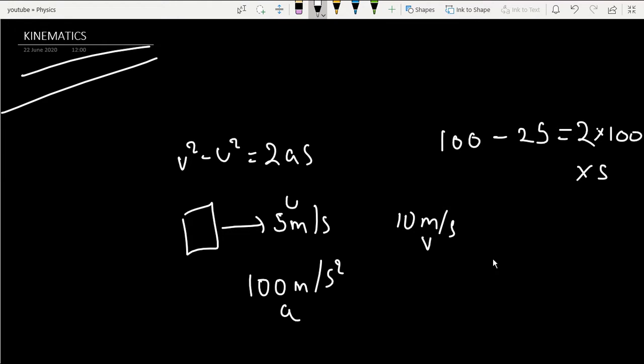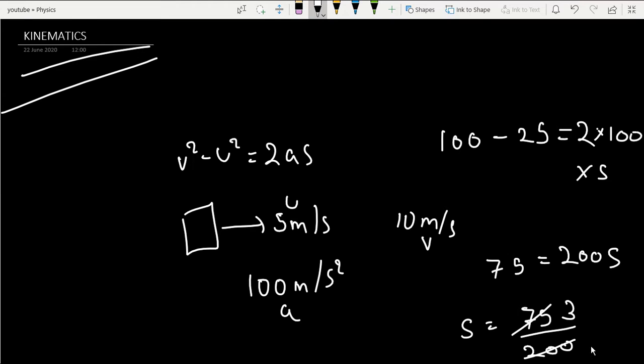So it will be 75 is equal to 200s. So s is equal to 75 by 200. So the displacement came 3 by 8 meters. Simple.